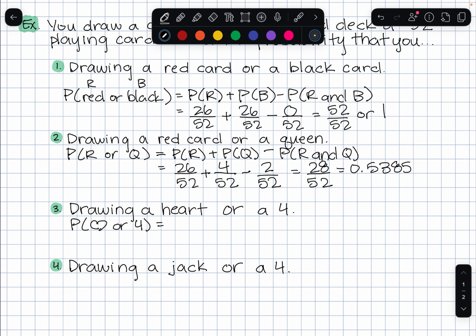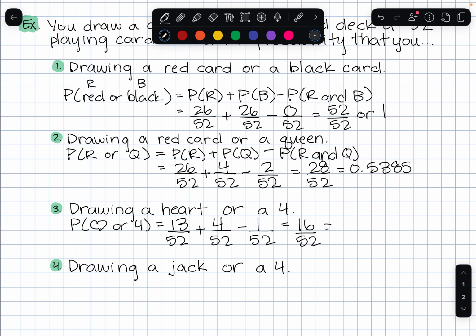The probability of drawing a heart. There are 13 of each suit in the card deck, so that's 13 out of 52. Plus the probability of a 4. There should be 4 fours in that deck. And there should be 1 that is the 4 of hearts. So 13 plus 4 is 17, minus 1 is 16 out of 52.